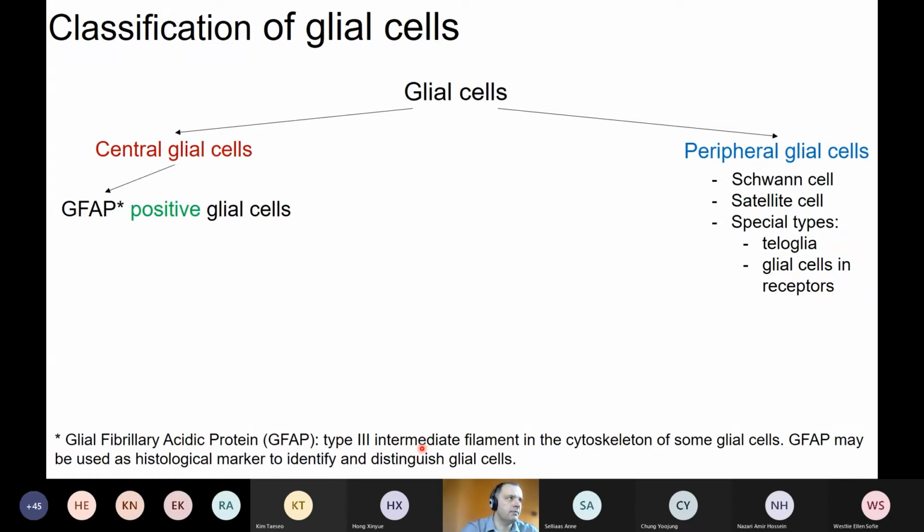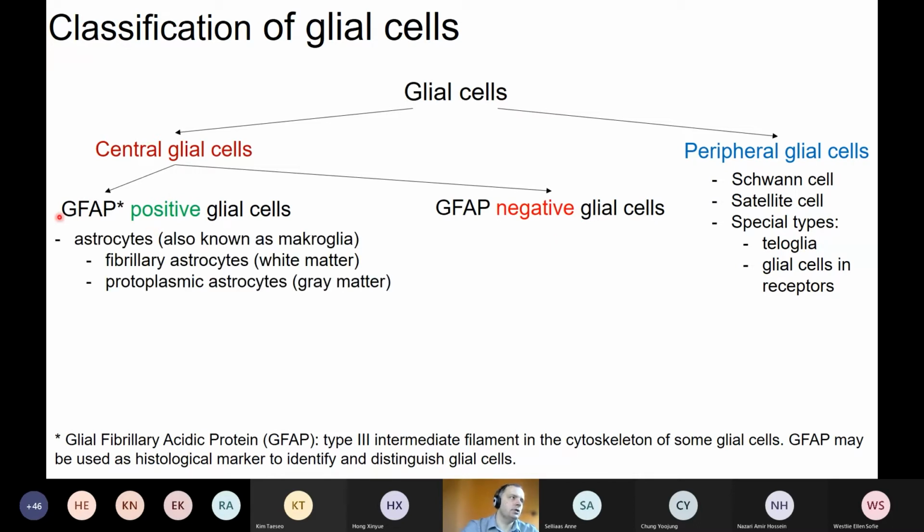Not all the glial cells have it, but we have a certain group of glial cells which is GFAP positive. If you perform an immunolabeling for GFAP, you can identify these cells, so one can use it for distinguishing these cells. It's a histological marker at the same time. So there is a certain group of central glial cells which are negative with this marker, so they do not contain GFAP. These two main groups one can define within the central glial cell family.